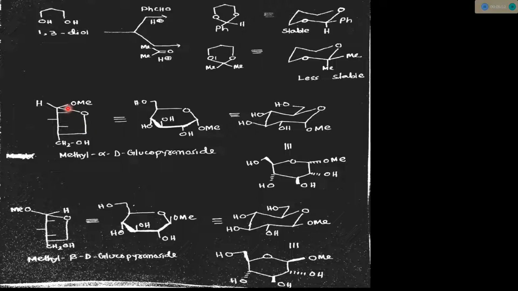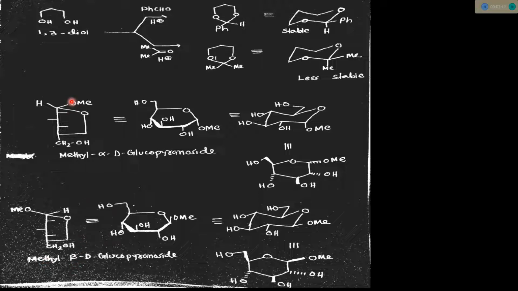We draw a simple version. At the last we will see that drawing this kind of structure is very helpful to see the actual product. This is a normal planar structure. If OH is there in the anomeric position, it is alpha D-glucopyranose, and if it is OMe, then it is a pyranoside. Same thing, methyl beta.